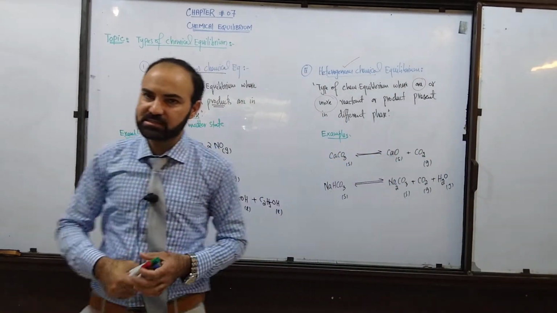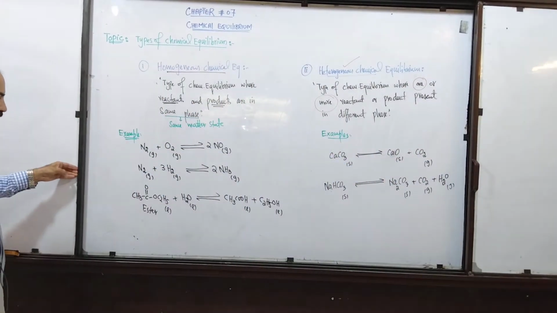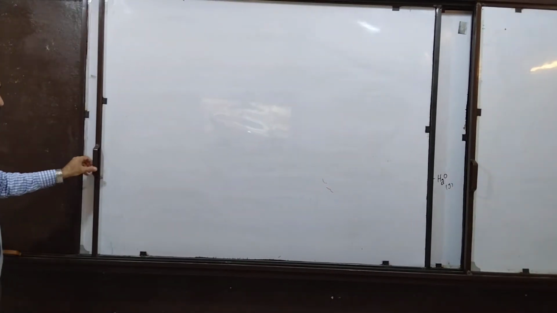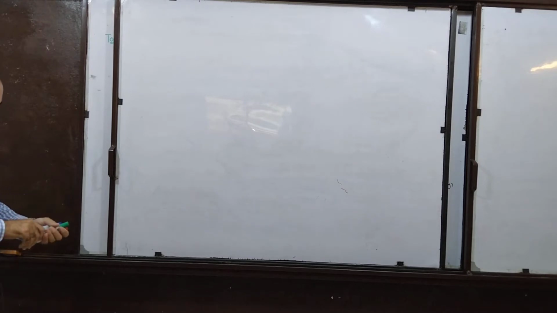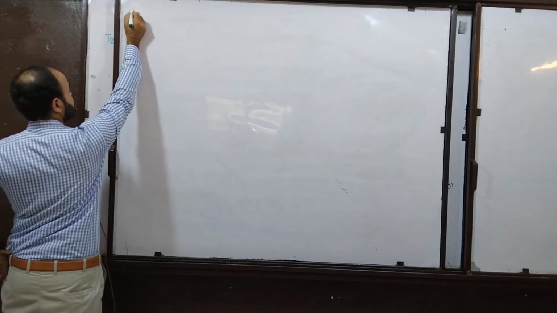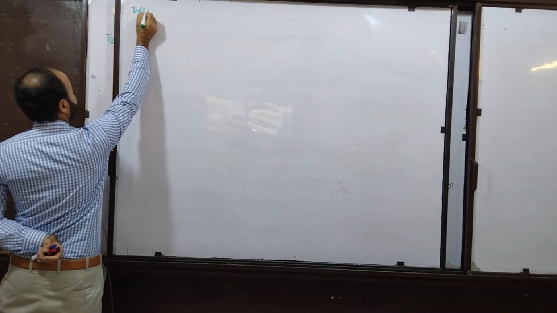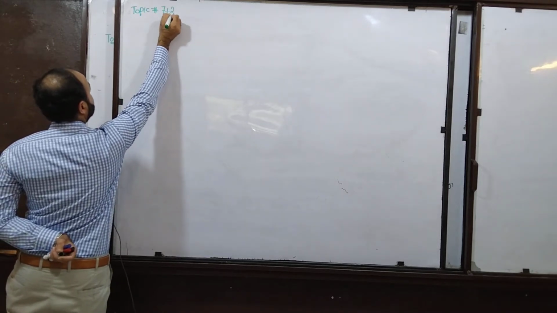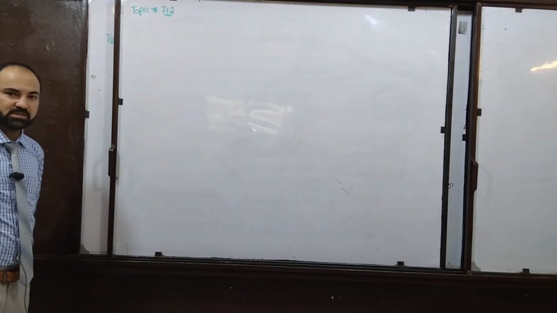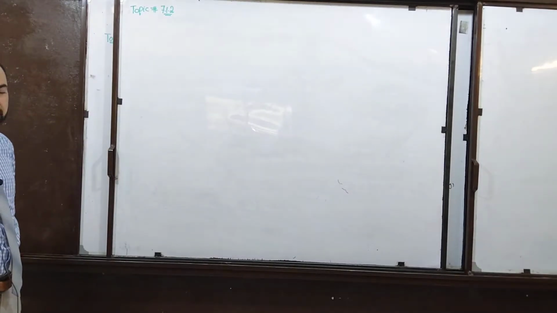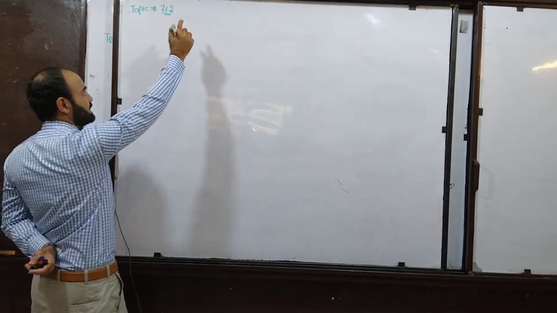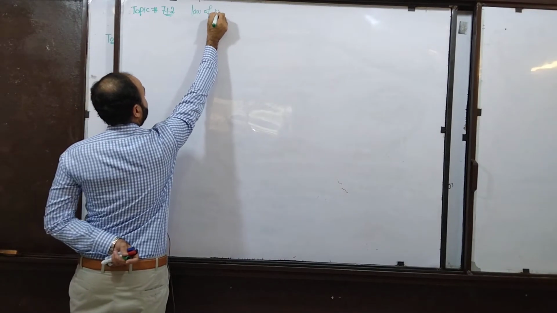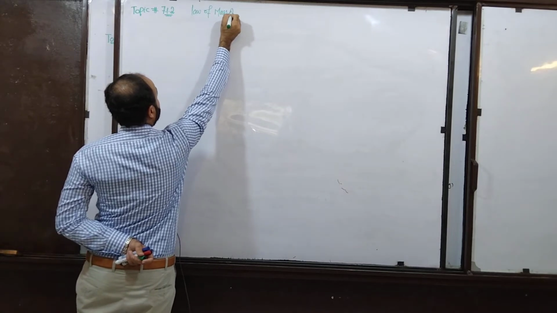Okay, let's take another concept from chapter number 7. The next topic is 7.1.2 from the textbook, first year chemistry, chapter 7, and the topic is the law of mass action.